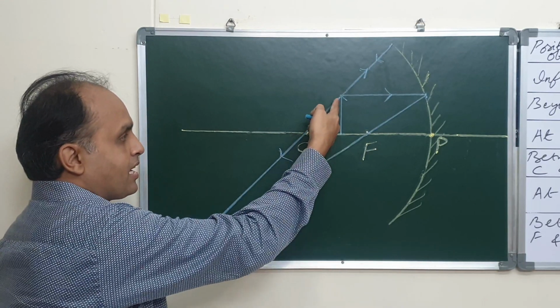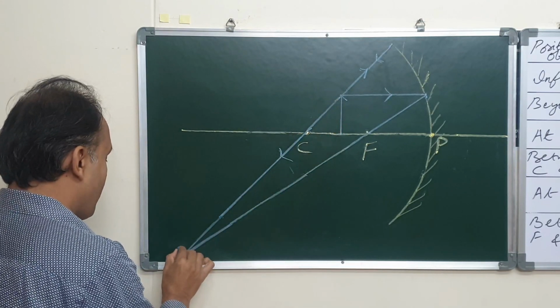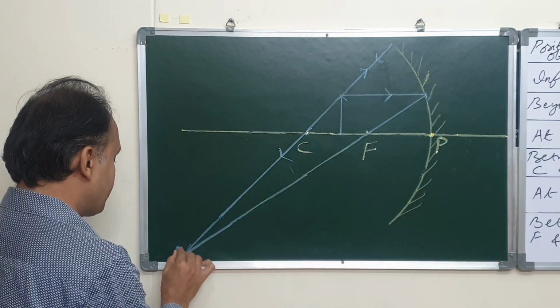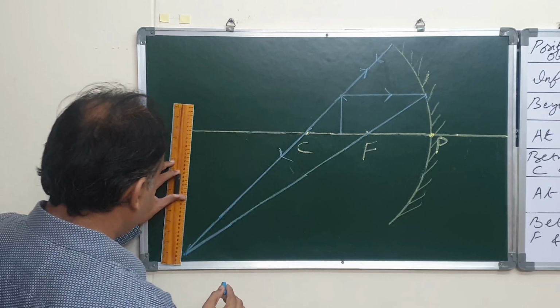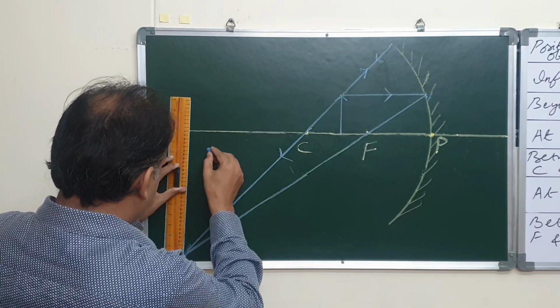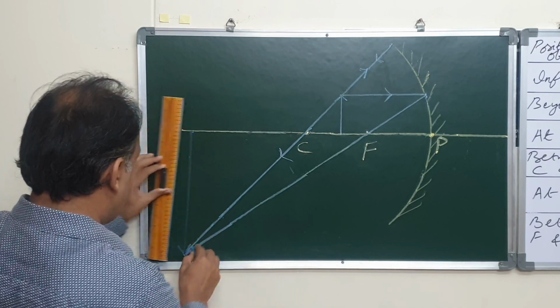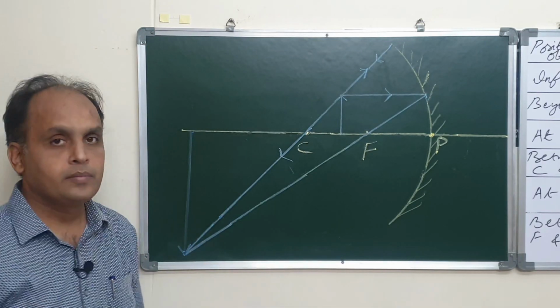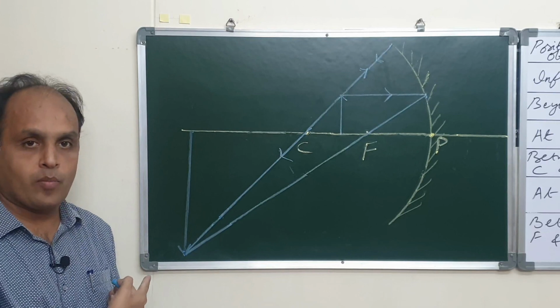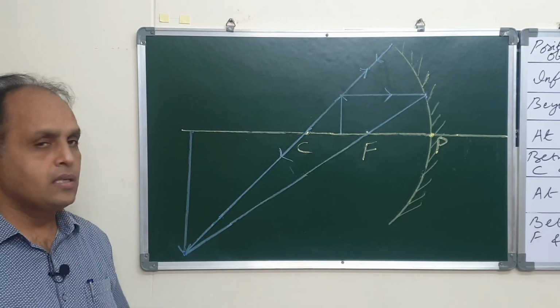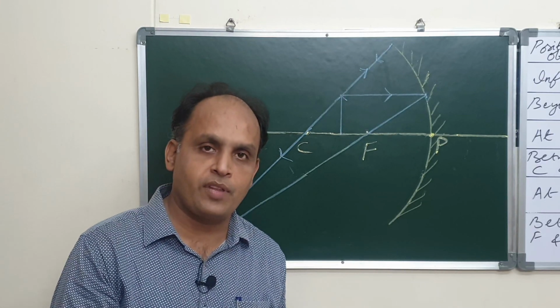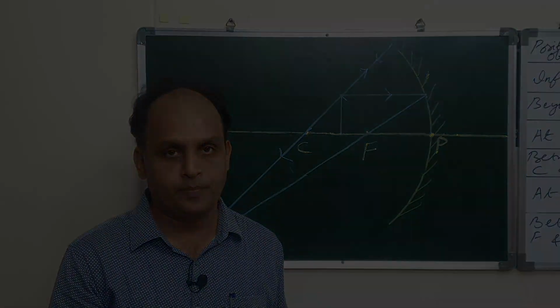And since the rays of light are coming from the head, the head is formed over here. And that's how the image is formed. Right? Now we shall study the characteristics of the image formed in this situation.